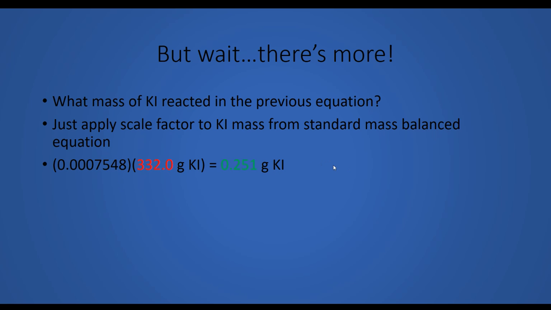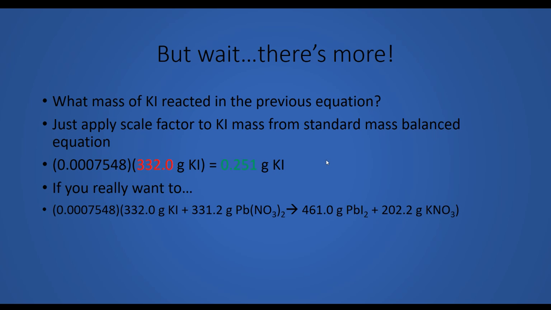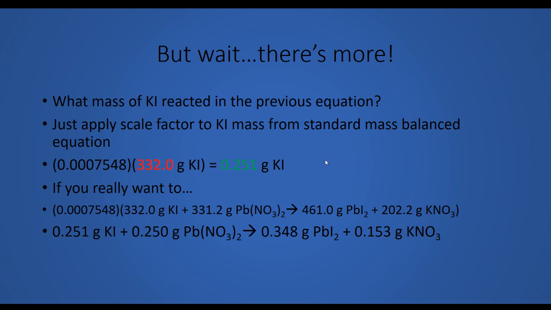It's possible that some of you would like to stay in comfortable territory. So if you really want to, you can just go ahead and do what we did in our last video, and multiply the scale factor by everything in the standard mass balanced equation. And then you'll just rescale the whole thing. And then you can go back to the question to look at what it asked you.